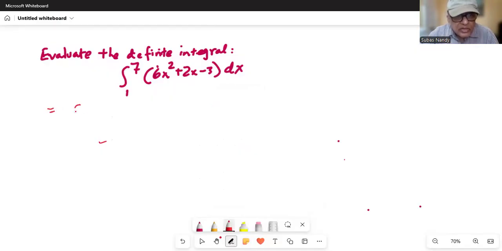So integration 1 to 7, 6x squared dx, plus limits of integration from 1 to 7, 2x dx, minus 3 limits of integration from 1 to 7 dx.